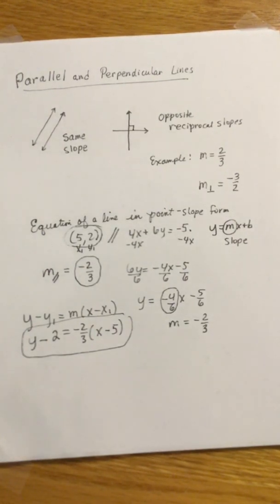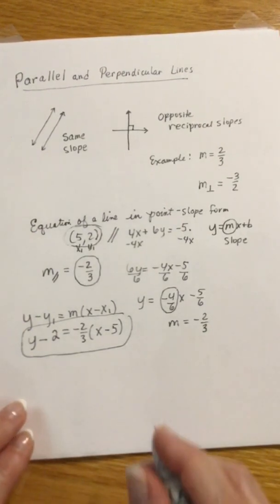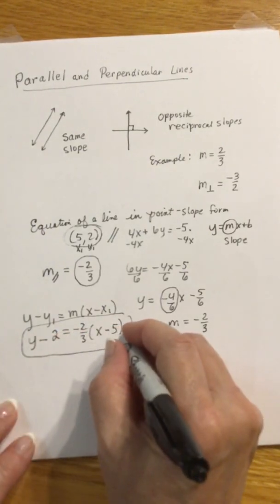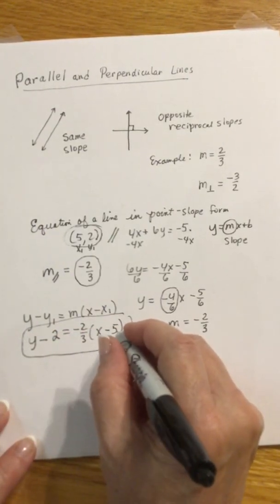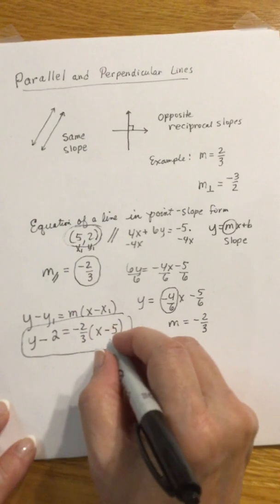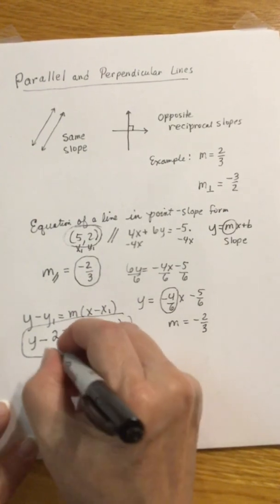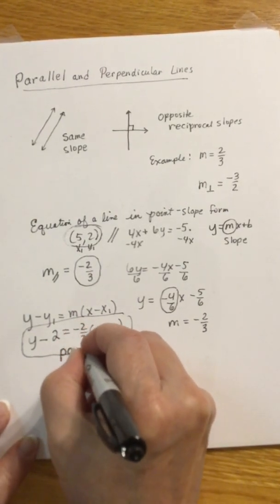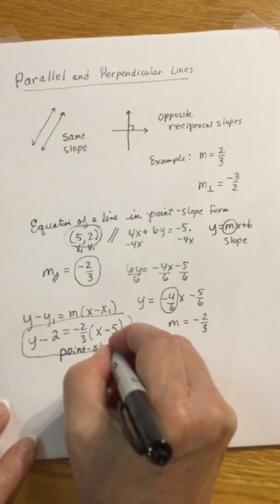Now, what happens if I want to change this point slope form of a line into standard form? So this y minus 2 equals negative 2/3 x minus 5. I want to change that to standard form. This is point slope.